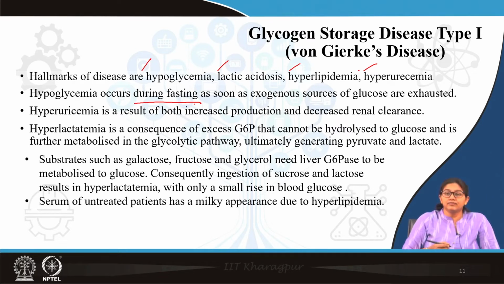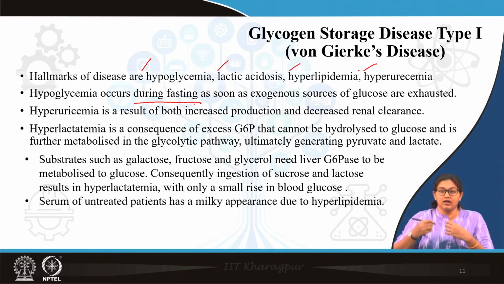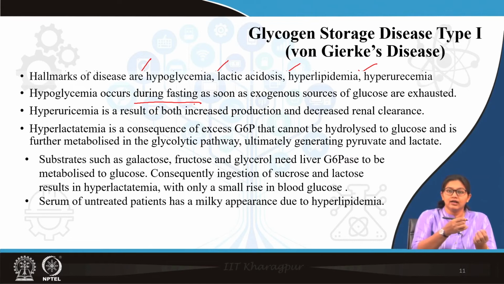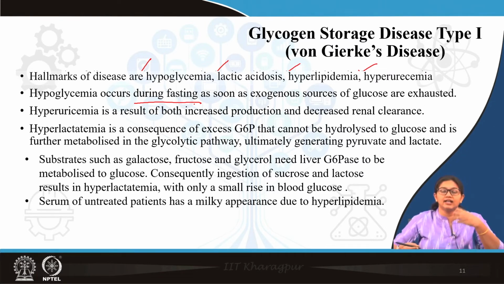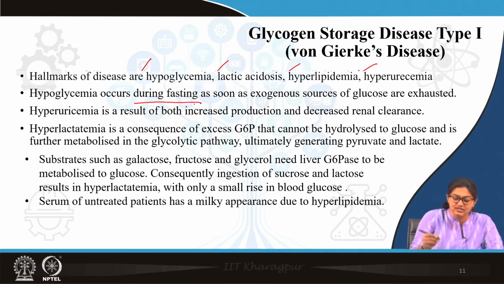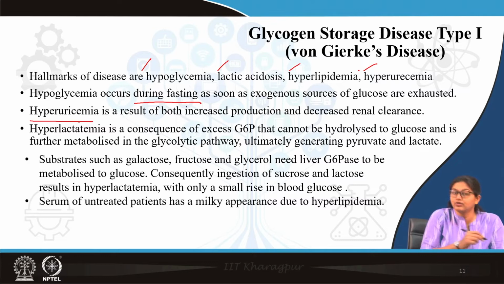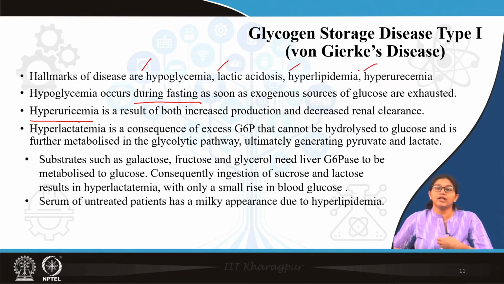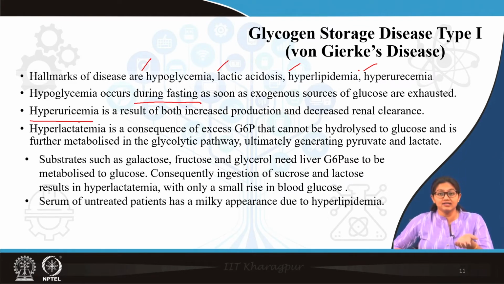Basically, it is the end product of purine metabolism. Purine is one type of nucleotide. So, excess HMP shunt activity due to entry of accumulated glucose 6-phosphate is giving rise to an excess amount of nucleotide, which on breaking down is giving rise to uric acid, which is causing hyperuricemia.